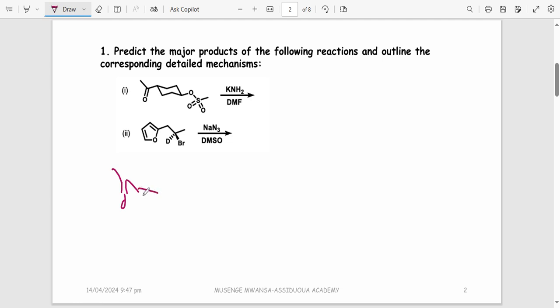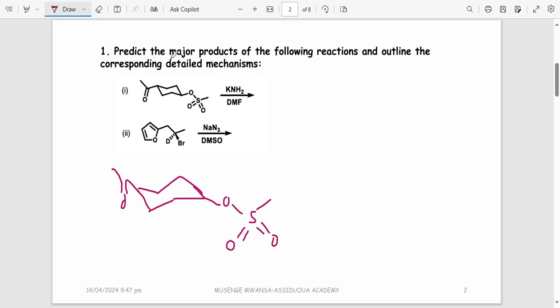Okay, so attached to oxygen there, we have a sulfur, we have oxygen. Look at the compound that we have. So you need to identify.